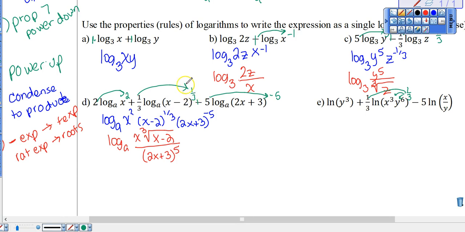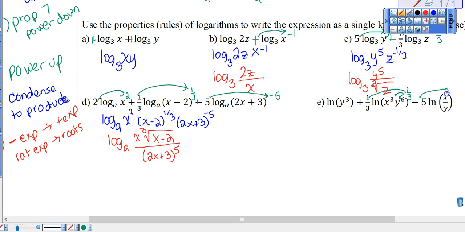I didn't do 1/3 x to the 1/3 minus 2 to the 1/3 because I can't do a power over subtraction or over addition, but I can do powers over products, over multiplication. I can also do them over quotients. So I just want to clear that up because I've noticed a couple people today as the day's gone along being really confused about when you can do that and when you can't.